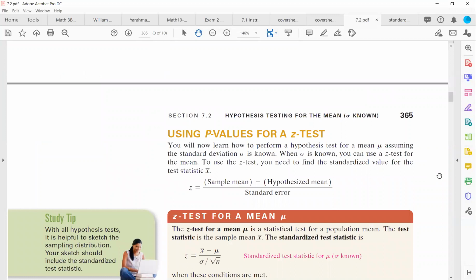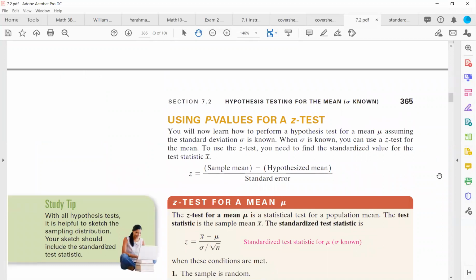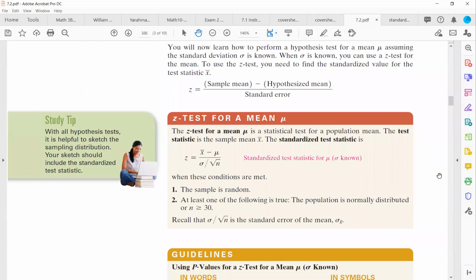Very well. So how do we find this z-value? Z as standardized statistic can be found using the formula x bar minus mu divided by sigma over square root of n. Remember central limit theorem. Sigma over square root of n is the standard error for the mean, sigma sub x bar.